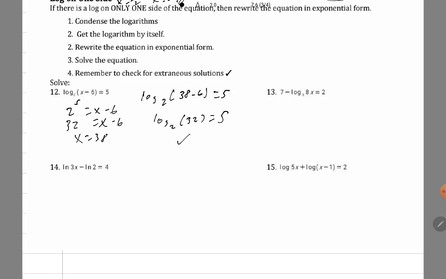Alright, number 13. Negative log. So, there's only one log. It condenses about as much as it can be. So we have to get it by itself. So we're going to subtract 7 over.